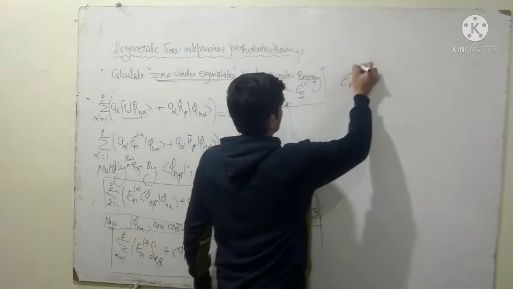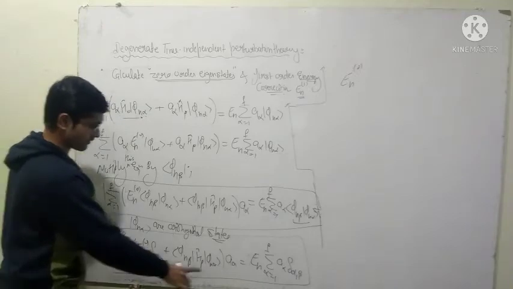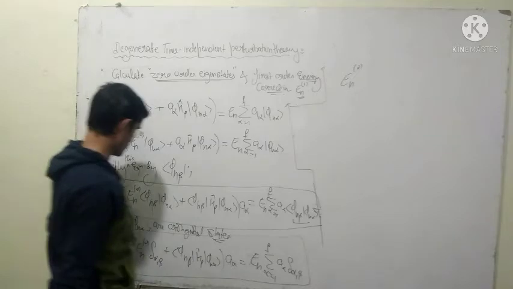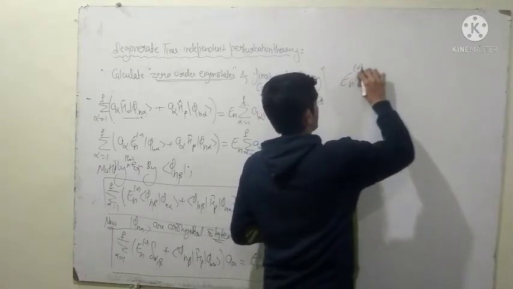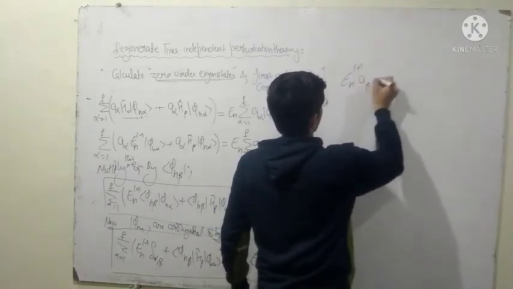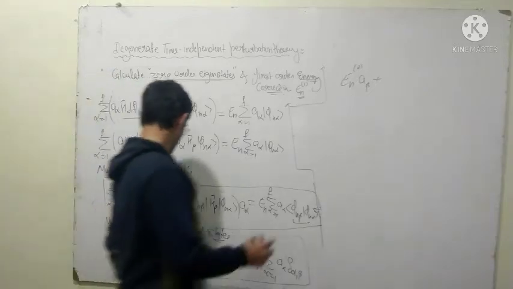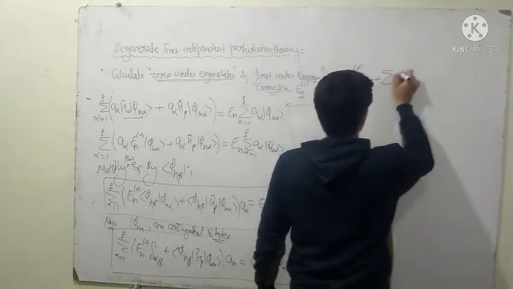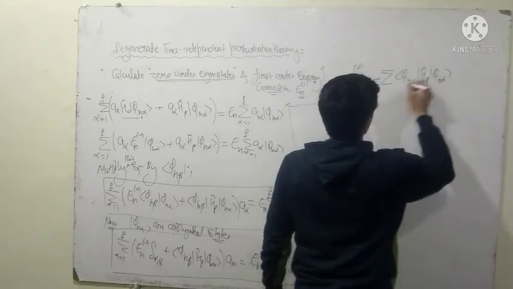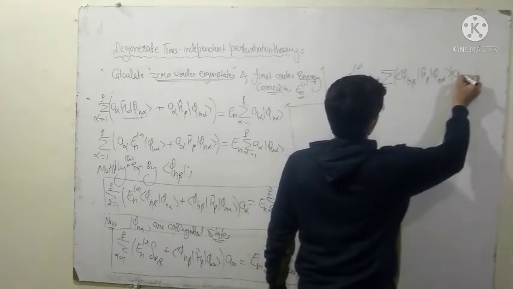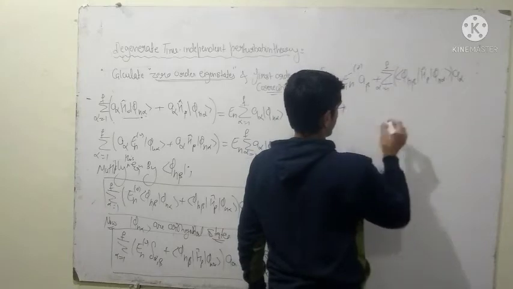You don't have to do anything with the second term; just sum over all these states: the summation of phi n beta H p phi n alpha into a alpha, with alpha from 1 to f.